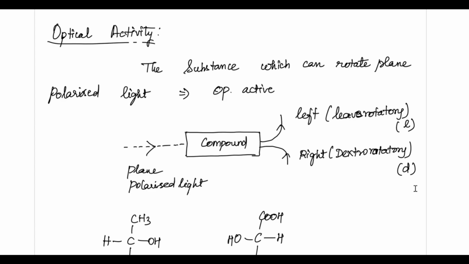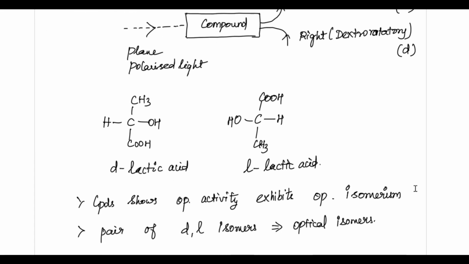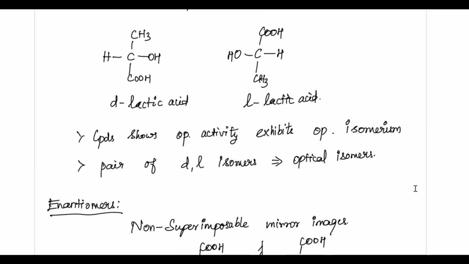If it is rotating to the left side, then that is levorotatory. If it is rotating to the right side, then that is dextrorotatory. This is an experimental identification of the D and L isomers. But all you have to know is if it is rotating to the right side or clockwise, then that is dextrorotatory, D isomer. If it is anti-clockwise, then that is L isomer.